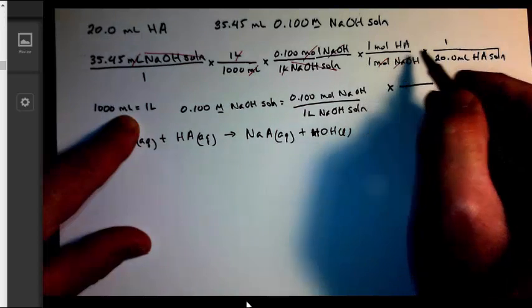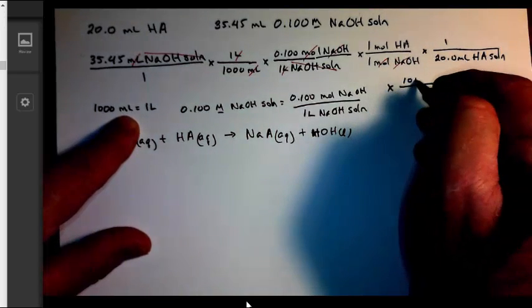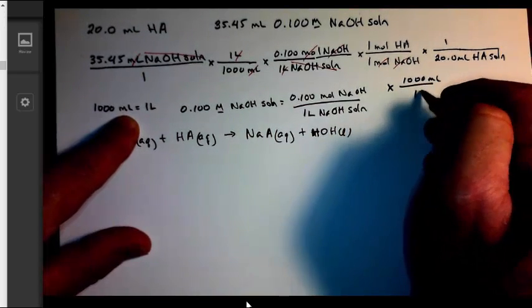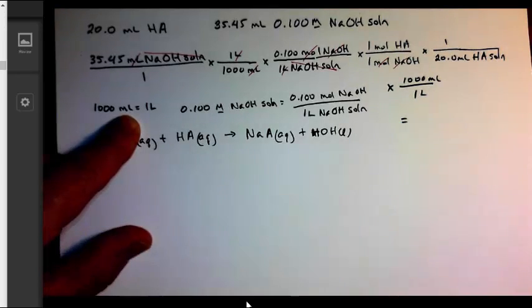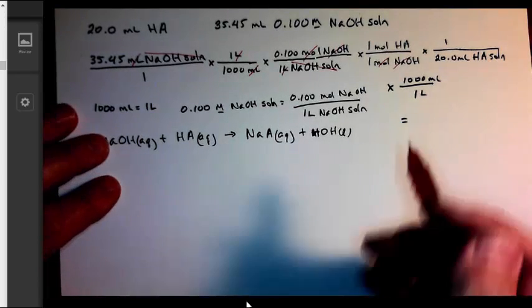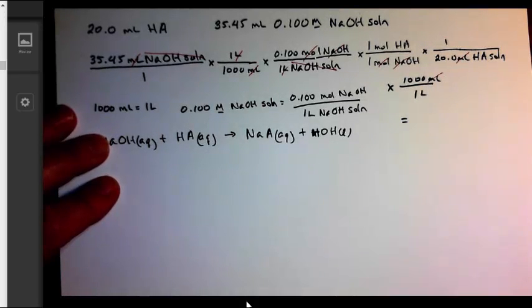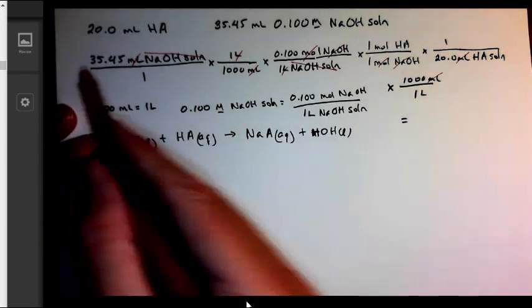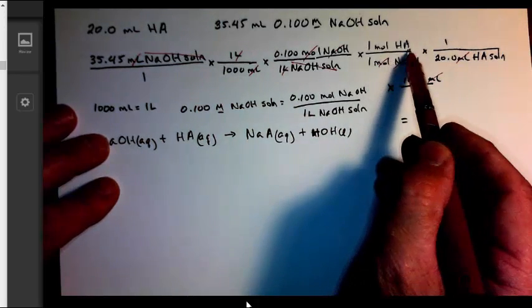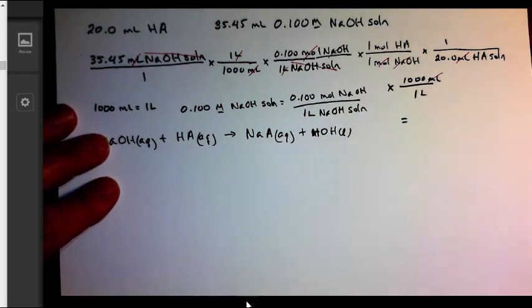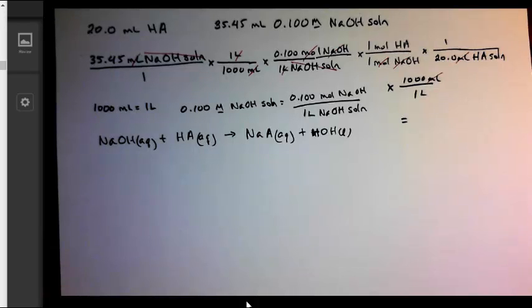I want to put milliliters on the top this time, 1,000 milliliters and 1 liter on the bottom. I'm canceling out milliliters. When I'm done, because I've canceled everything but moles of the acid over liters of the acid solution, I've got the molar concentration of the acid. And this is the stoichiometry for titration.